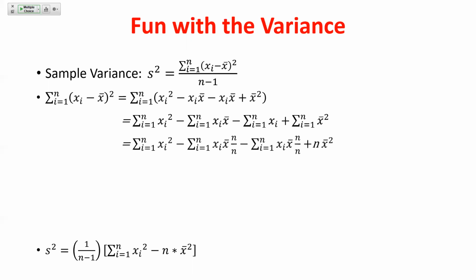But here's where it gets interesting. Anytime I have a constant, like x bar squared, it is always going to be the same value no matter what observation I'm looking at, because x bar is just the mean.